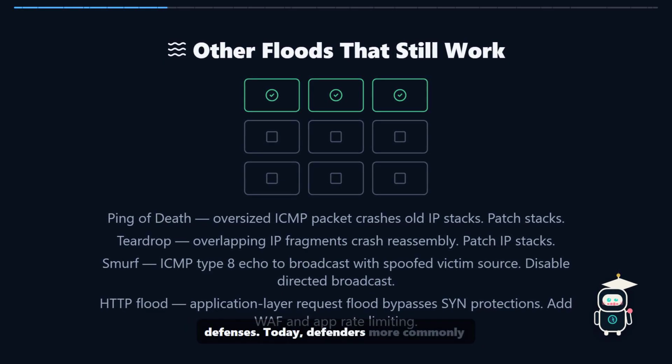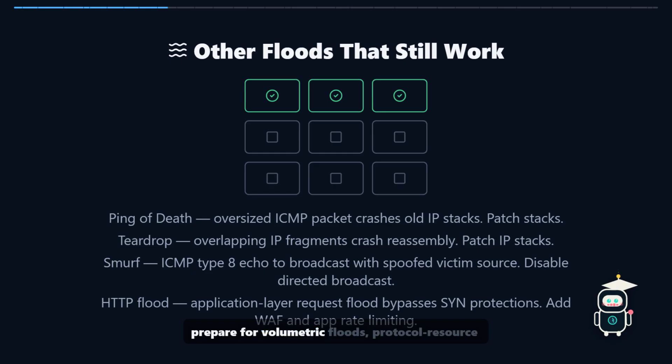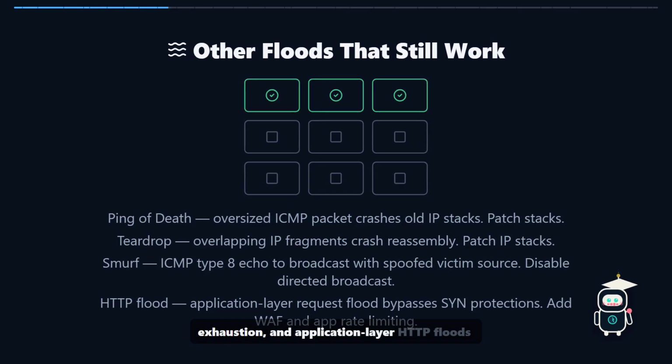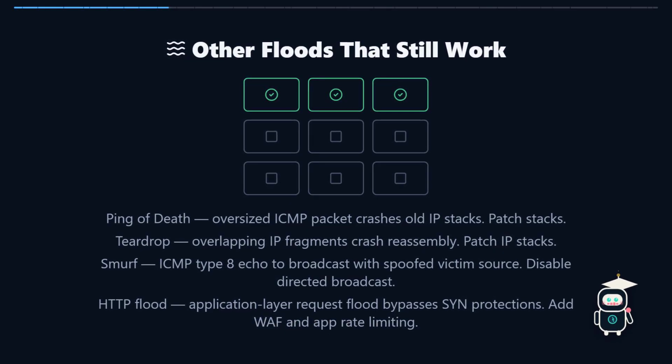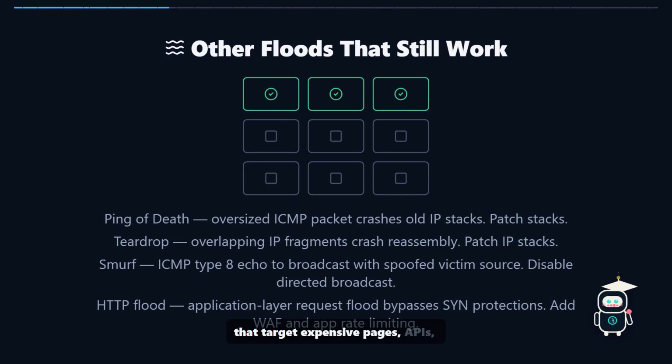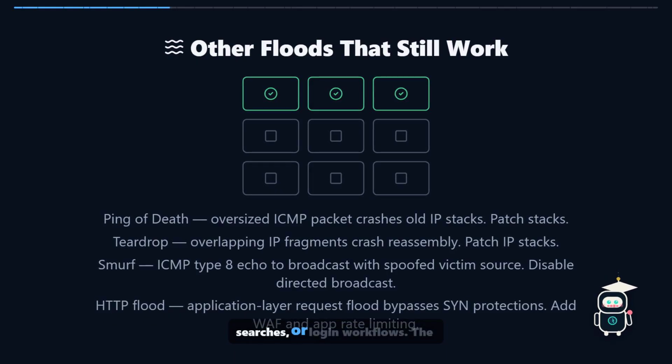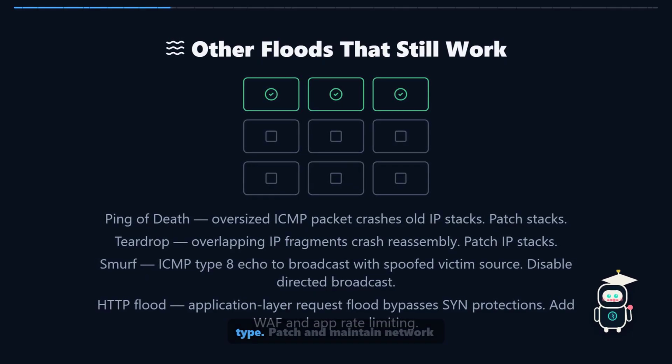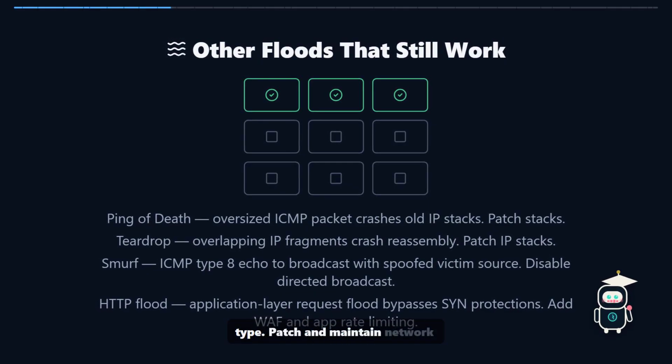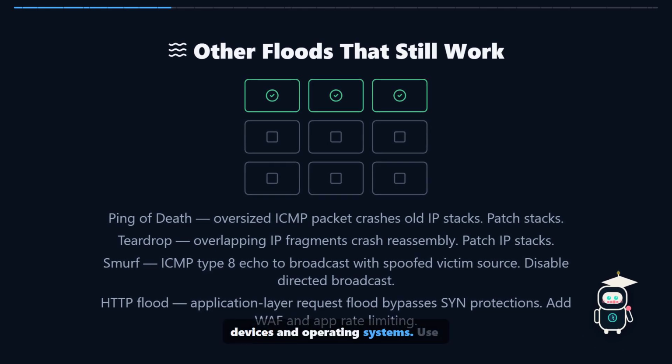Today, defenders more commonly prepare for volumetric floods, protocol resource exhaustion, and application layer HTTP floods that target expensive pages, APIs, searches, or login workflows. The controls depend on the attack type. Patch and maintain network devices and operating systems.